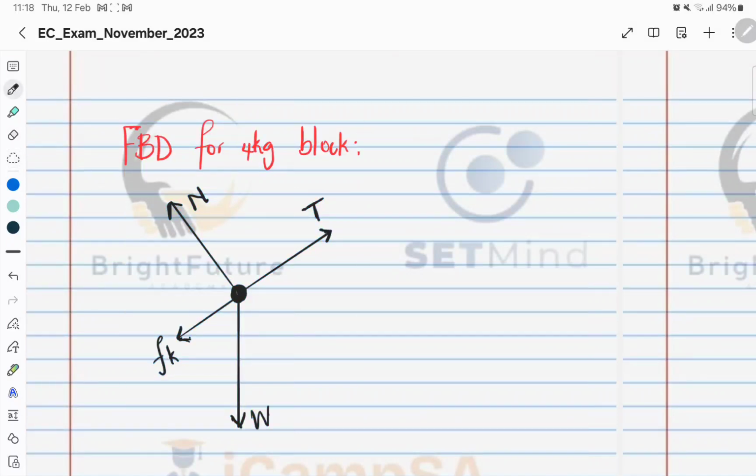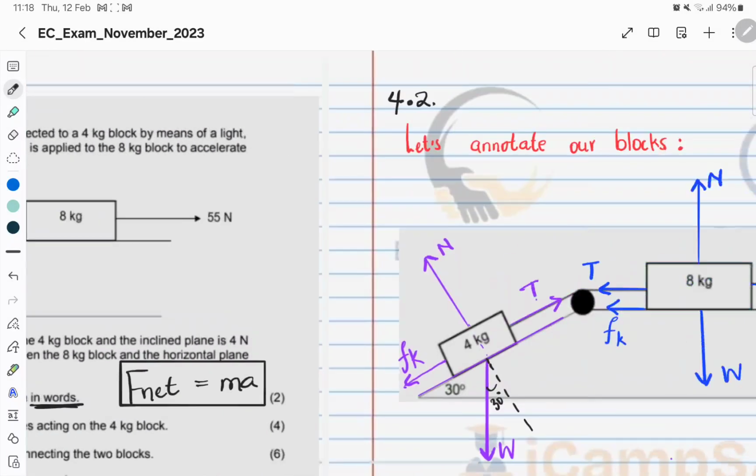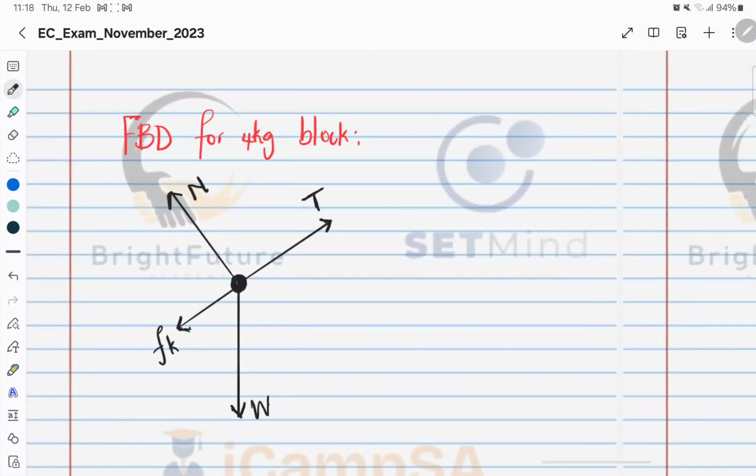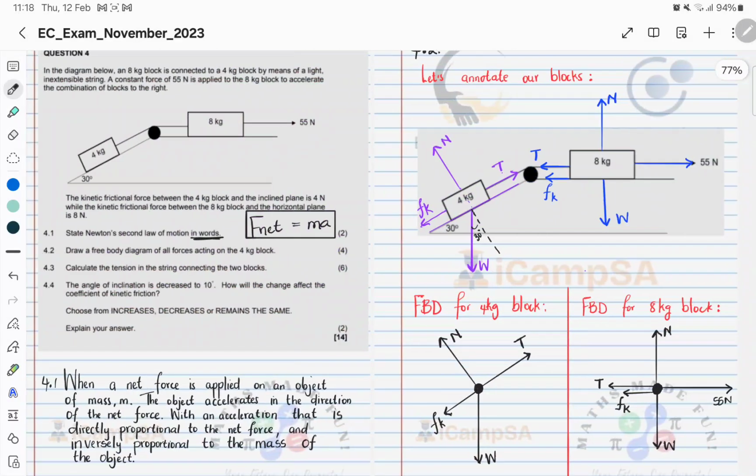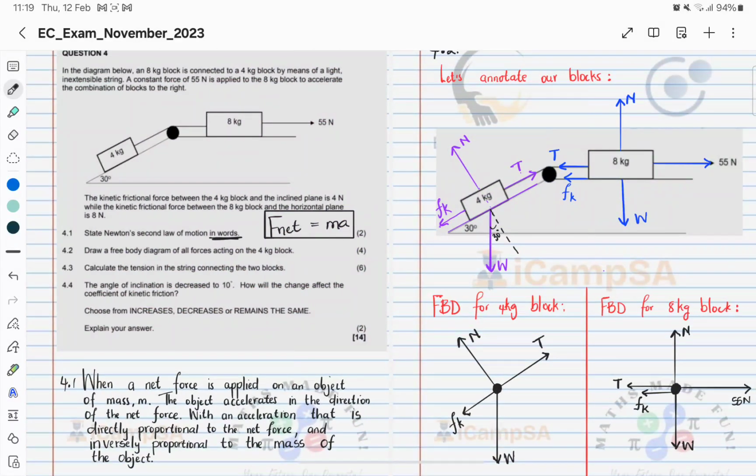But once the question tells you what it wants, then you can draw the one that's wanted by that question. So this is 4.2. So we are set, we are fine. See, we were way ahead of the question before we even started. So now we're asked to calculate the tension in the string connecting the two blocks.